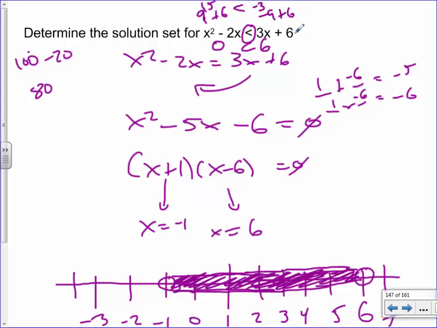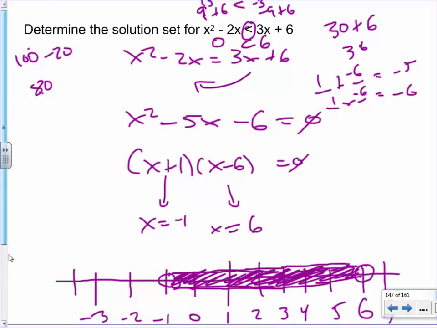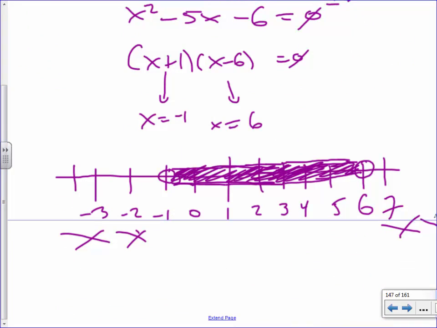And then if this side over here is 10, it's 30 plus 6, so it'd be 36. Is 80 less than 36? No, it's not. Which is good, because I wasn't expecting answers there either. So I'd say there's not answers over here, but there are answers in this region of the graph. Does that make sense?